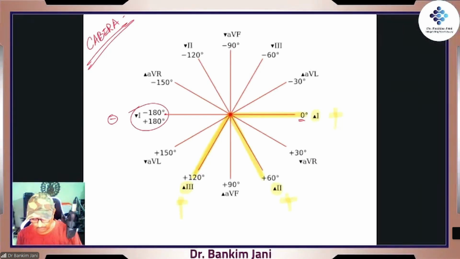Similarly, over here, this is lead 2. So the negative end of lead 2 is a 180 degree turn, right? So this is 60, all the way to over here. So it would be 60 minus 180. So that will be minus 120.